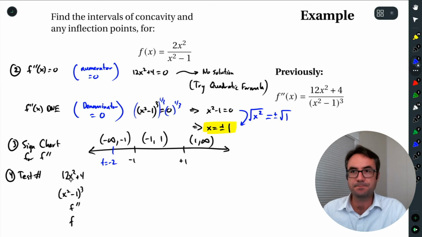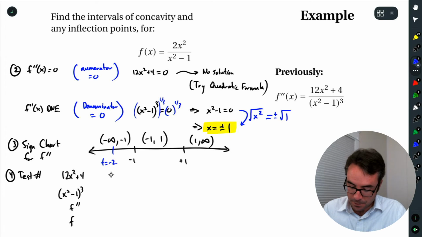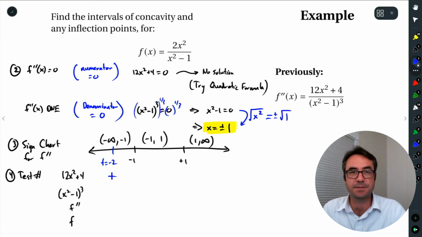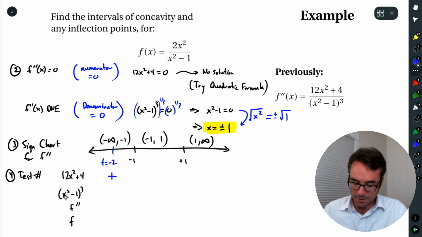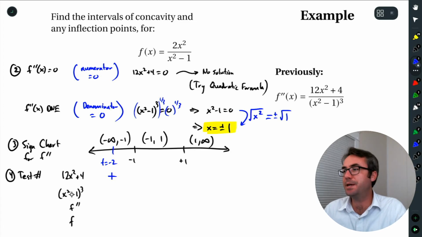And what do we get? We get 12 times +4. So when we square the -2, we get a +4. So that's 48. And then plus 4 is 52. We don't really care about the number, just that it's positive. Okay. Then we go down to this cubed term here, and we plug in -2.